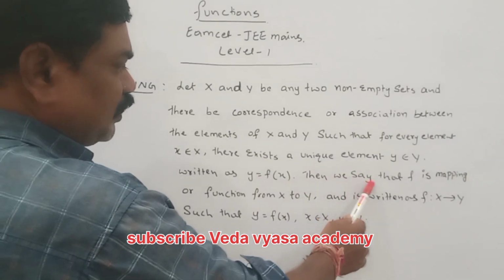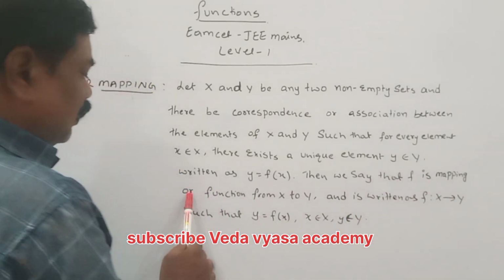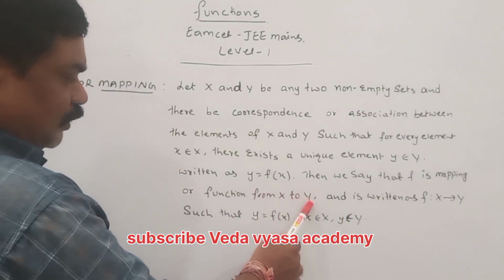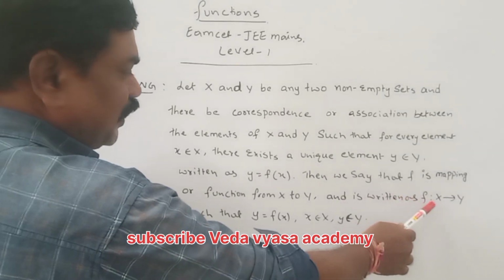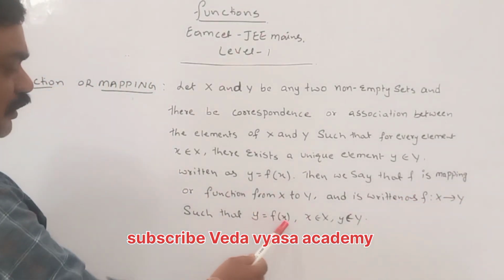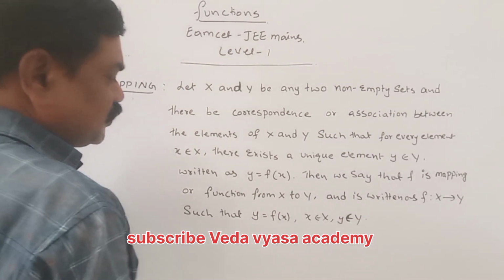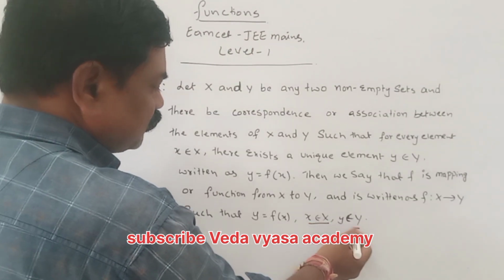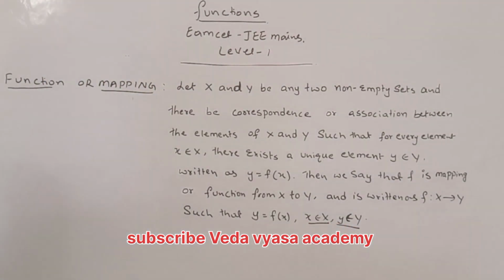Then we say that f is a mapping or function from X to Y, written as f: X to Y such that y is equal to f of x, x belongs to capital X, y belongs to capital Y.